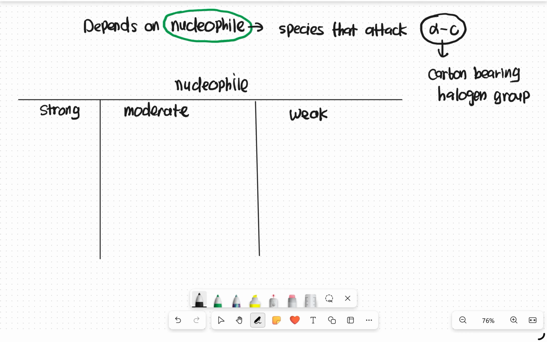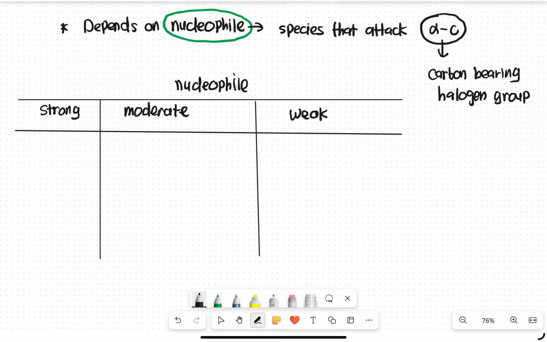do the reaction, and you have to identify the type of nucleophile first before you can identify whether it is SN1 or SN2. The nucleophile is a species that attacks the alpha carbon.